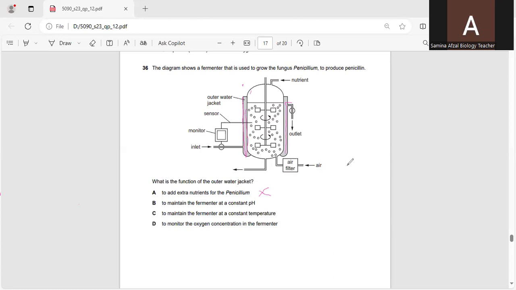To maintain the fermenter at a constant pH, no. To maintain the fermenter at a constant temperature, yes. To monitor the oxygen concentration, no. Very simply, an outer jacket is always to protect something or to maintain the temperature of the body. Here the fermenter needs to maintain the temperature for the fermentation process.